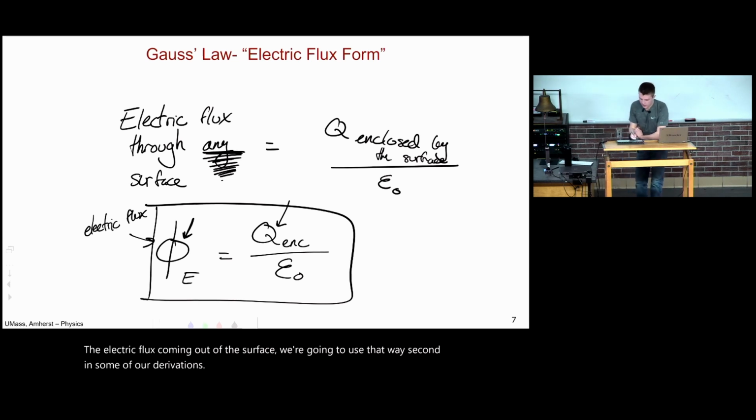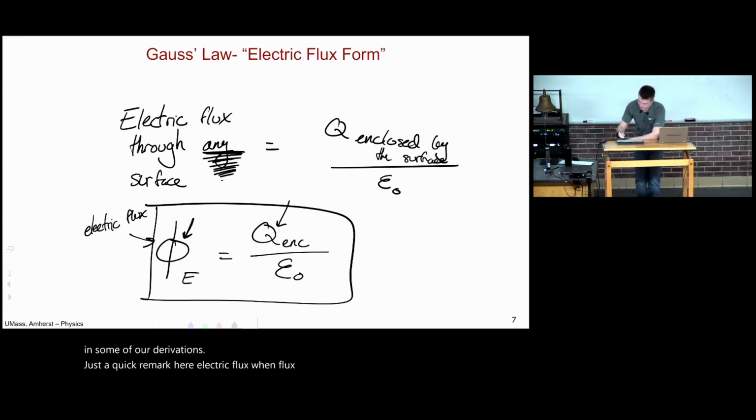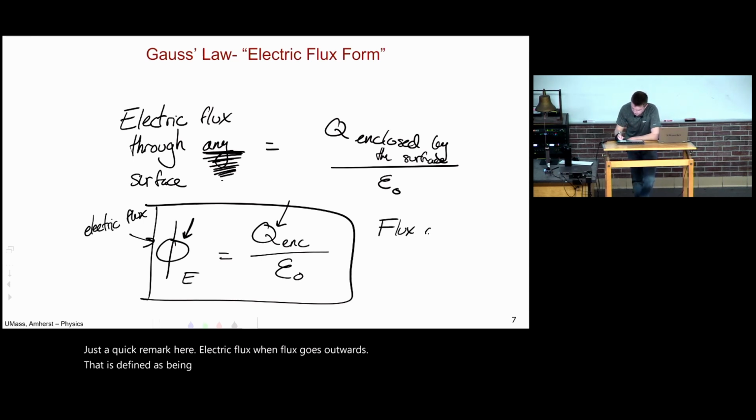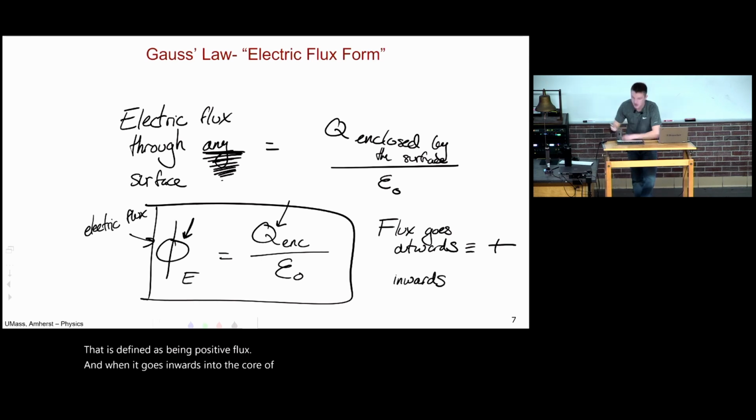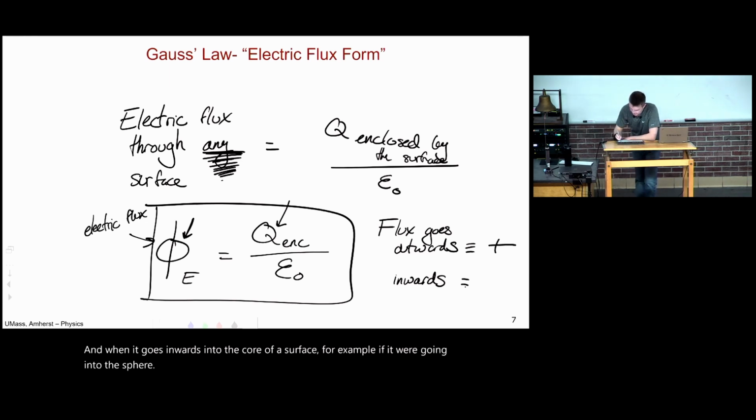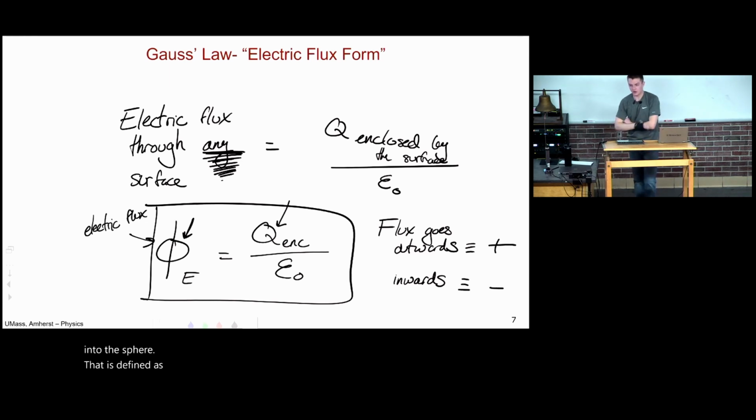Just a quick remark here. Electric flux, when flux goes outwards, that is defined as being positive flux. And when it goes inwards into the core of a surface, for example, if it were going into the sphere, that is defined as being negative electric flux.